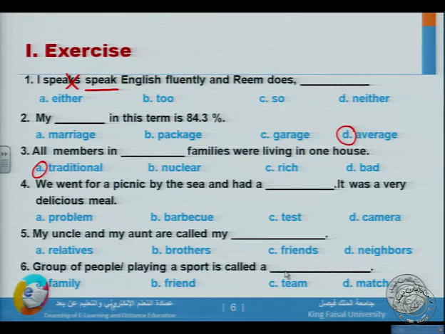We went for a picnic by the sea and had a barbecue. And it was a very delicious meal. My uncle and my aunt are called my relatives. A group of people playing a sport is called a team.